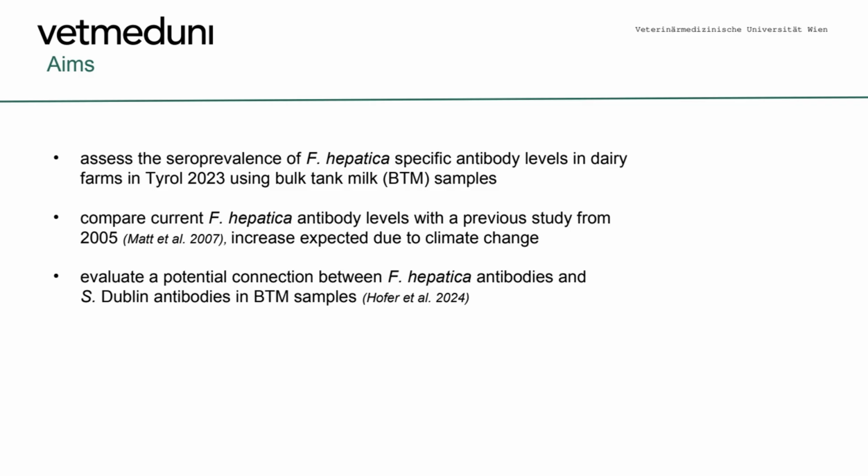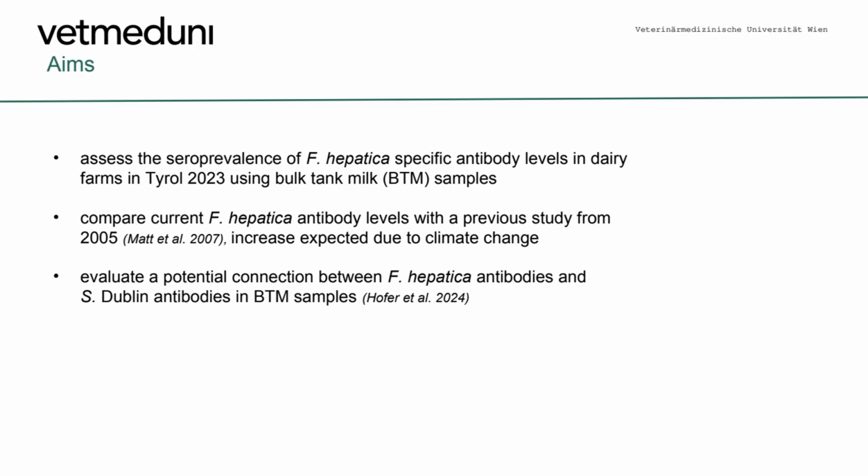So we aimed first to assess the seroprevalence of Fasciola hepatica titers in dairy farms in Tyrol in 2023 using bulk tank milk samples. Then we aimed to compare the current Fasciola hepatica levels with the previous study from 2005, which I told you about before, and an increase is expected due to environmental changes.